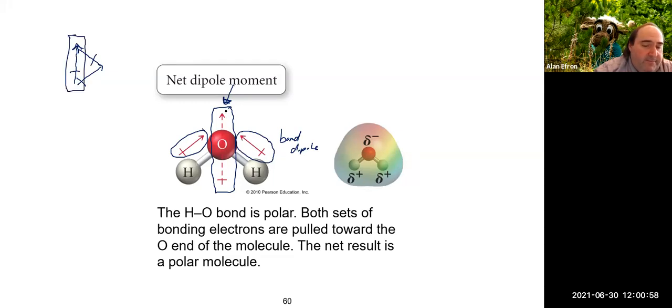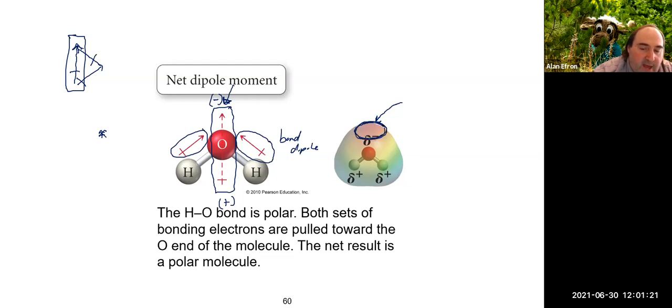And sometimes the net dipole moment may be a big arrow, or it may be a relatively small arrow, depending on how they come together. But what we see is a net dipole moment pointing so that the oxygen side is more negative and the hydrogen side more positive. And we see that when we look at this: it is much more red in the region near the oxygen.